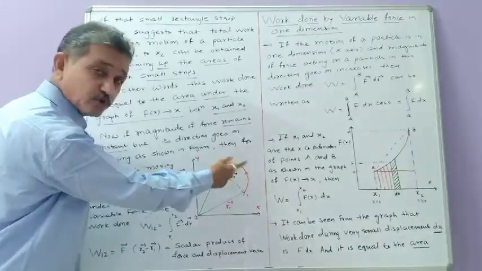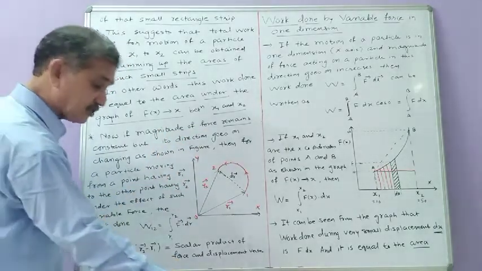That means the direction of the force goes on changing, but the magnitude remains constant. Then such a variable force is there.